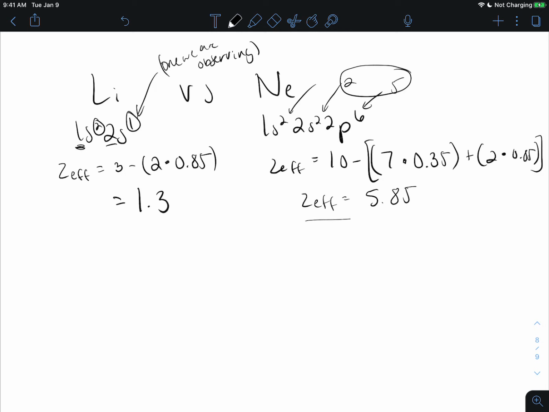So a significantly larger Z effective for neon versus lithium, because in both cases we have the same number of core electrons, but we're increasing our number of valence electrons in neon, which doesn't have a very significant shielding constant, but we're still increasing our number of protons, which has a full positive 1.